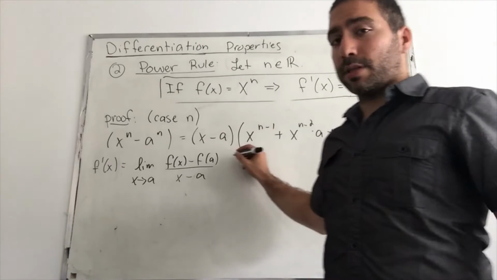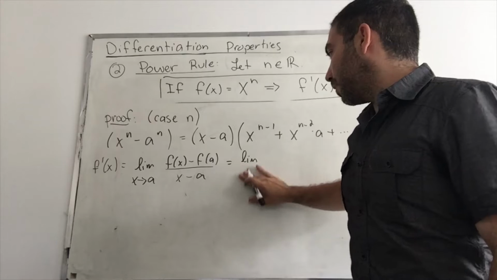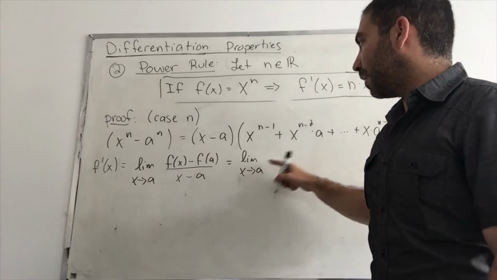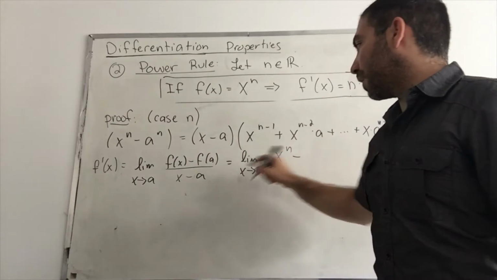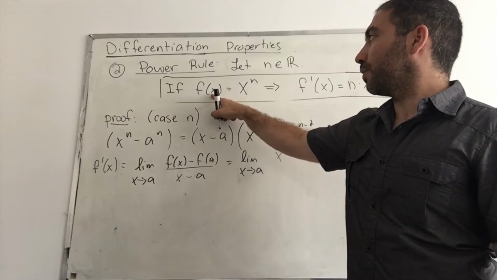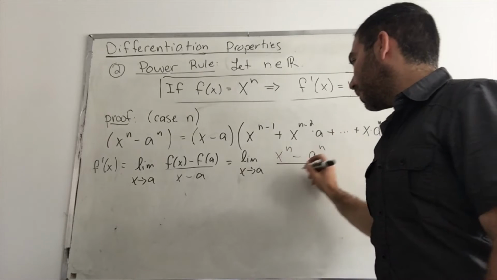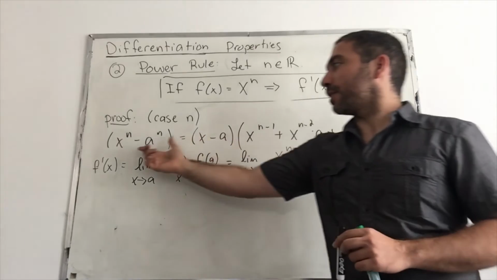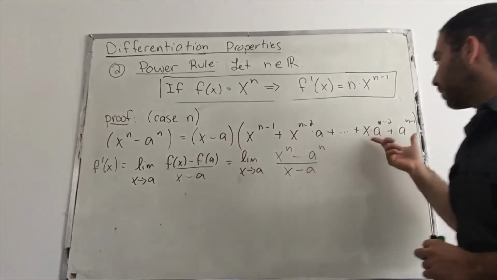That gives us the limit as x approaches a of f of x, in this case x to the n, minus f of a, which is substituting an a for the x, so a to the n, over x minus a. Now you can see why we want to use this property, because x to the n minus a to the n, which is what we have in the numerator, gets transformed to all this.